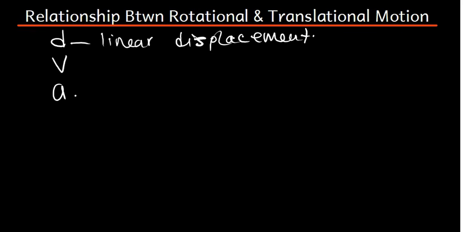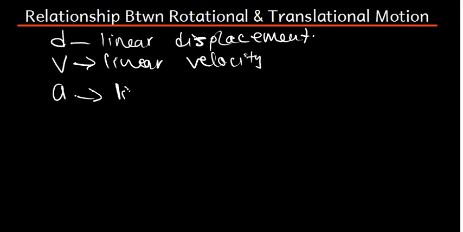Now, this is what we call the linear displacement. This is what we call the linear velocity. This is what we call the linear acceleration. Why are we saying this is a linear acceleration? Because it is in reference to the translational motion, which is the linear motion.